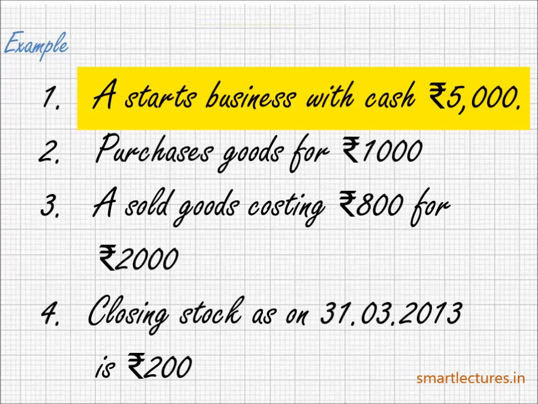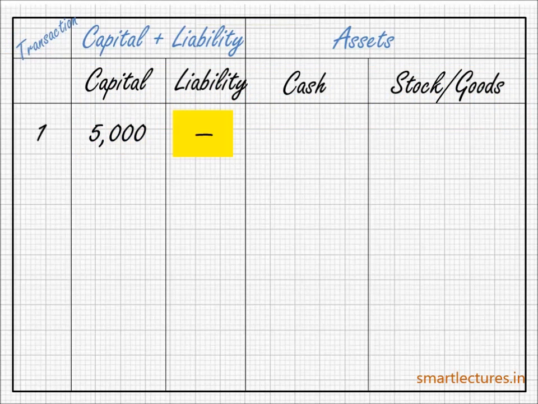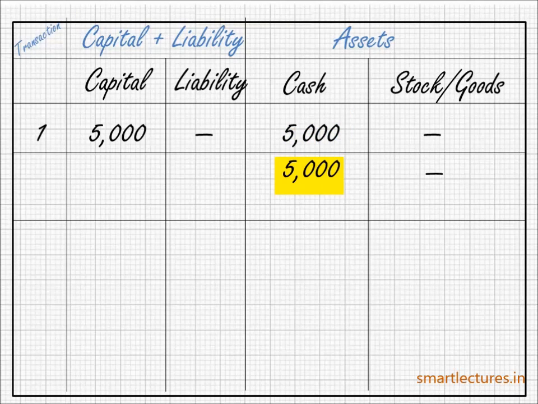It means the capital of the firm will be 5,000, liability 0, and the cash will be 5,000 and stock 0, because the firm has now received this money from A, I mean to say the owner. Now the firm has rupees 5,000 cash and 5,000 as capital. Capital is basically also a liability for the firm to the owner.